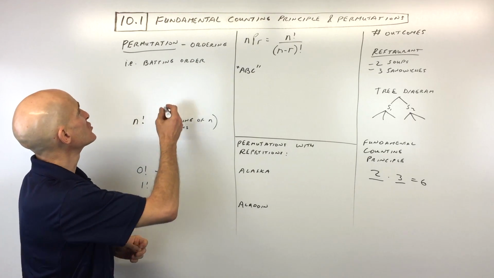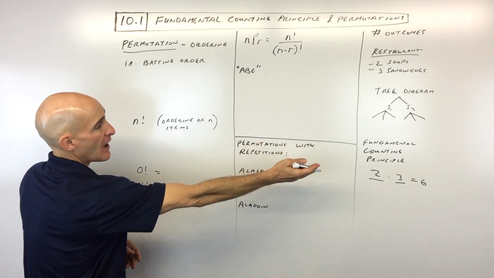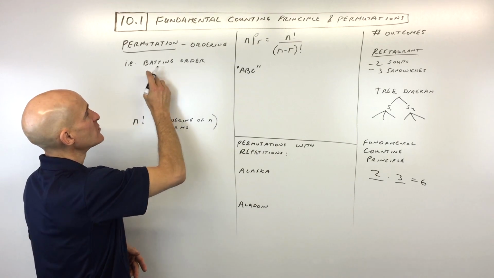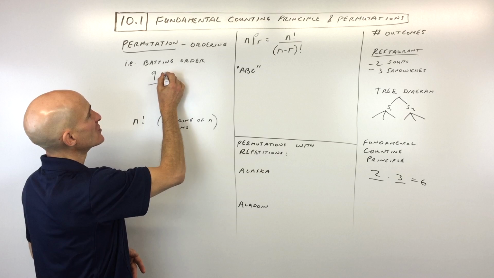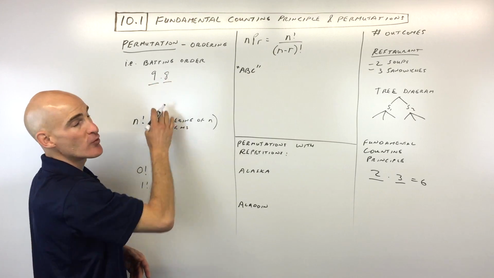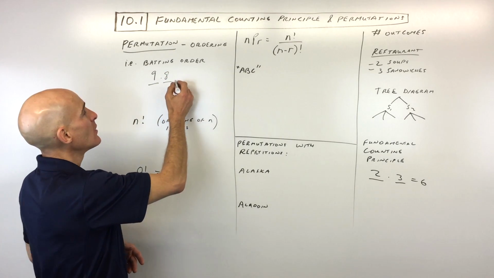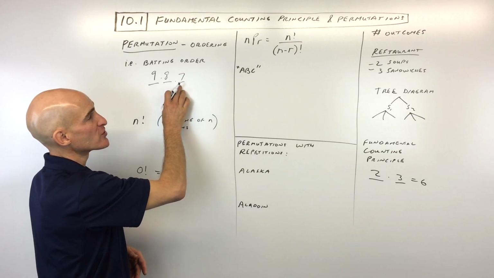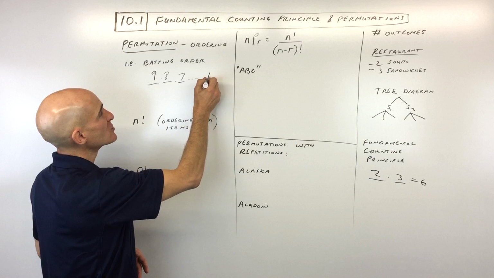So one way to do it is just to use the fundamental counting principle. You could say, well, there's 9 choices for who bats first. Once you pick that person that bats first, then there's going to be 8 choices for who bats at the second position. Once you pick those 2 batters, there's going to be 7 people left. You're going to choose one of those to bat third, all the way down to 1.